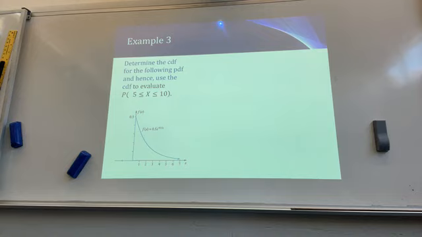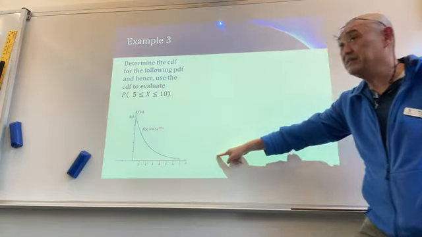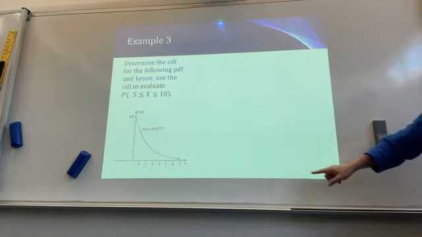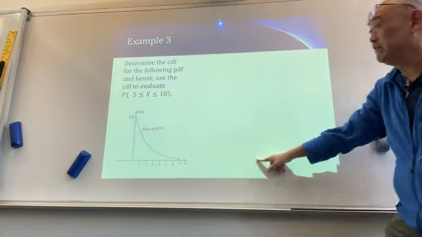Now, you need to determine the CDF of the following PDF and hence use the CDF to evaluate probability between 5 and 10. Now realize that if it is E, the upper bound is infinity, not negative, it's infinity. So for E, the upper bound is infinity.